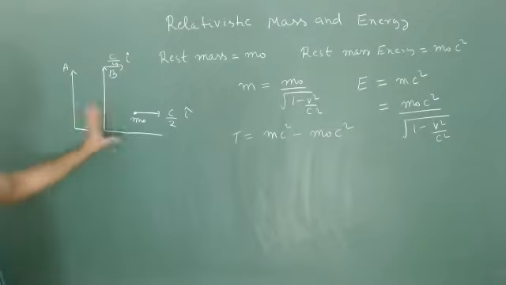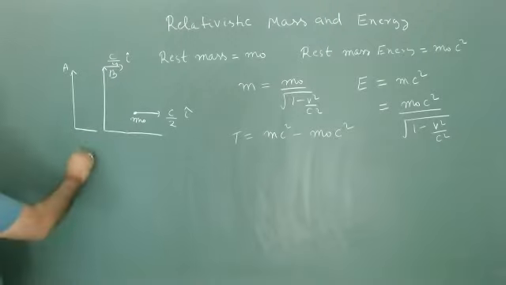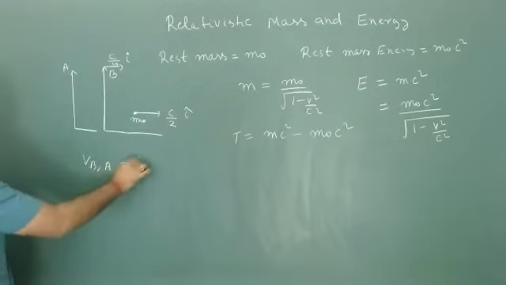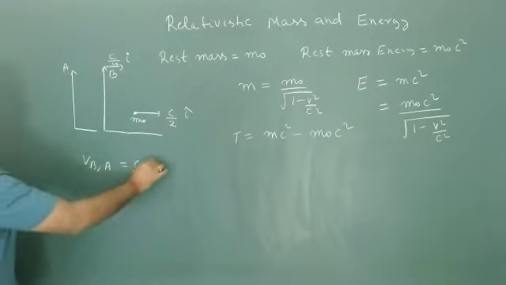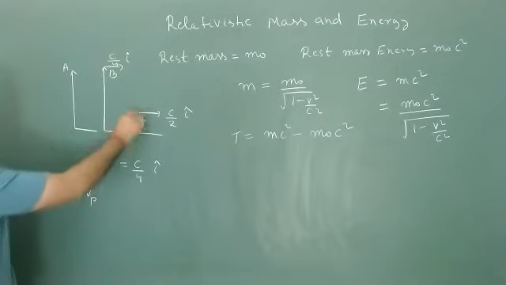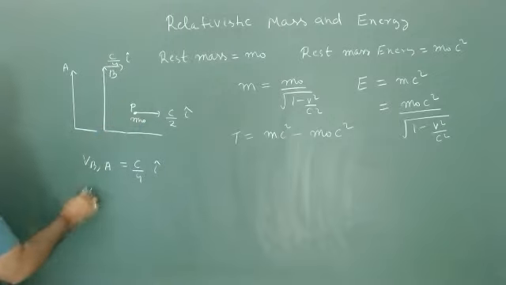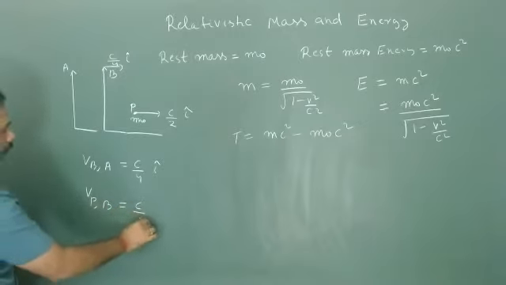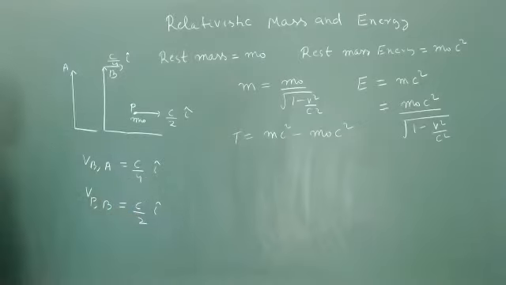So the velocity of B with respect to A is c by 4 in the i cap direction, and the velocity of the particle with respect to B is c upon 2 in the i cap direction.